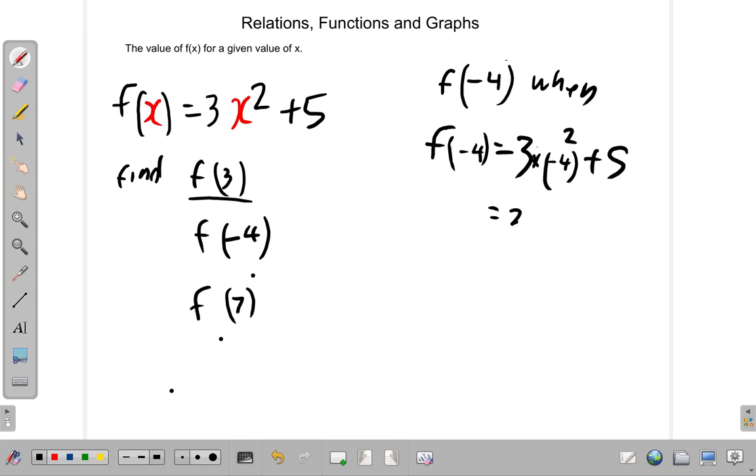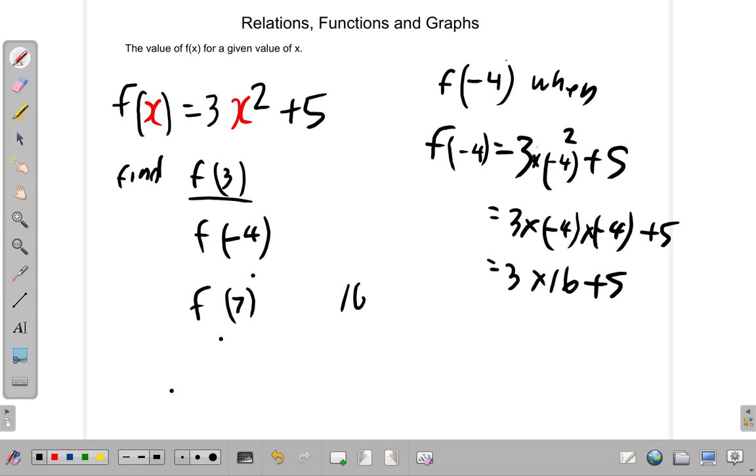Now we have 3 multiplied by what is negative 4 squared. Negative 4 squared is negative 4 multiplied by negative 4. Square of a number is the number multiplied by itself. So you have two of the numbers and they multiply each other, plus 5. So negative 4 multiplied by negative 4 is positive 16, so it's 3 multiplied by 16 plus 5. 3 times 6 is 18, write 8 carry 1, 3 times 1 is 3 and 1 is 4.